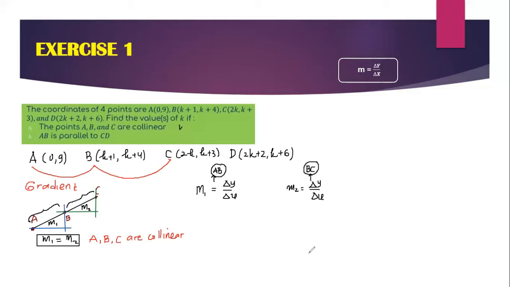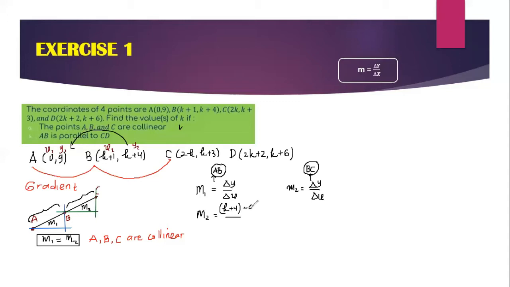Now we're going to determine point A and B first. This one is x1, y1, and this one is x2, y2. Next, for M1, AB: for points A and B, y2 minus y1 is k plus 4 minus 9, right?